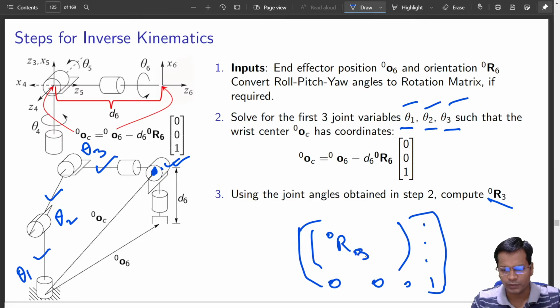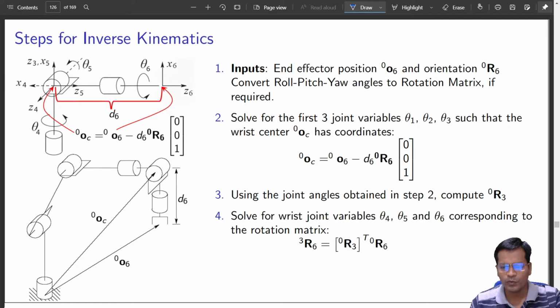If you do forward kinematics using the values of theta 1, theta 2 and theta 3, you can quickly obtain 0R3, that is the rotation matrix for this frame. So that is quickly obtained. That is step number 3.